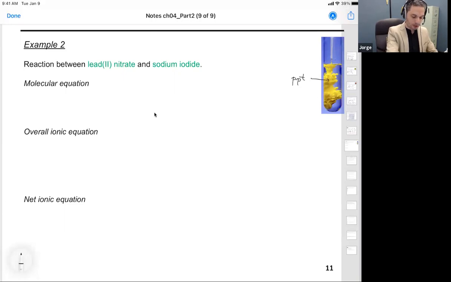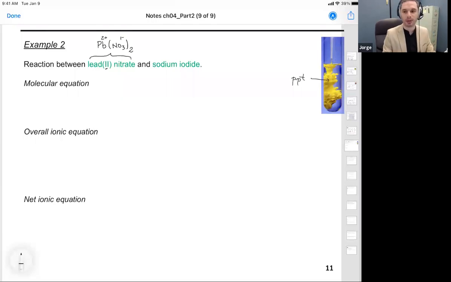Okay, so let's start by writing the formula of the salts. For the lead-2 nitrate, you don't have to know that, but that's going to be Pb2+. So the 2 here indicates the magnitude of the positive charge. And then we have nitrate, which is 1-, crossing the charges.